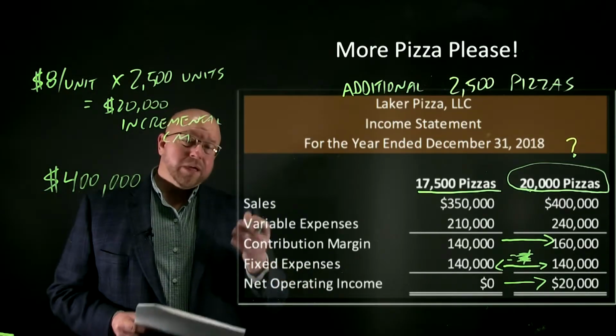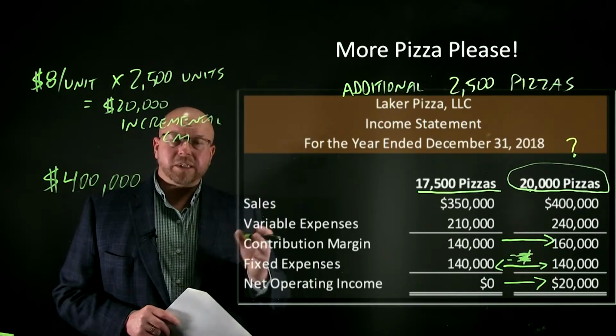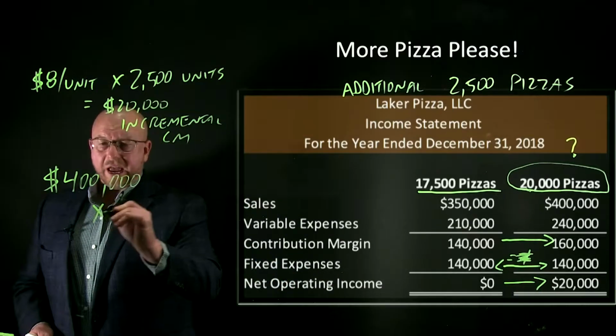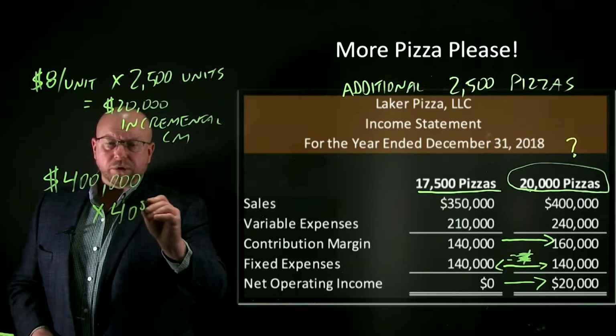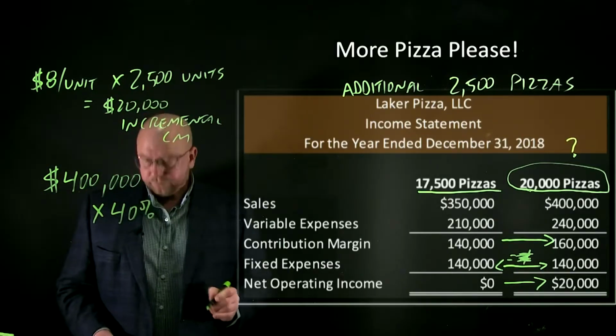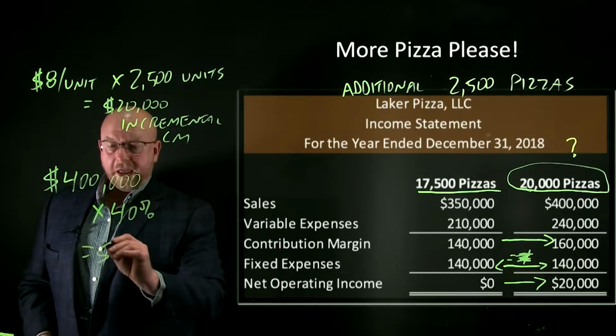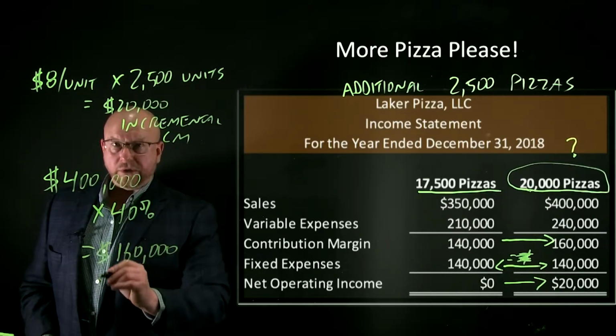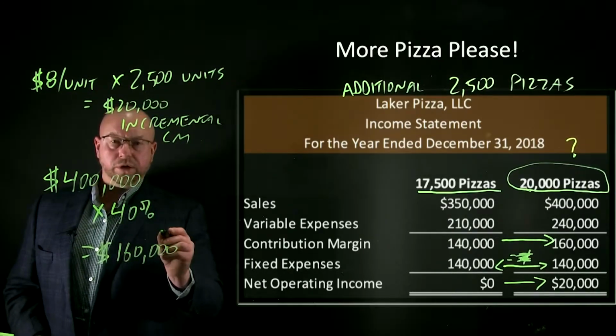They might say, well, we know that anticipated revenue is $400,000, and we know that on average, our contribution margin ratio is 40%. So on average, that should provide us with a total of $160,000 of contribution margin.